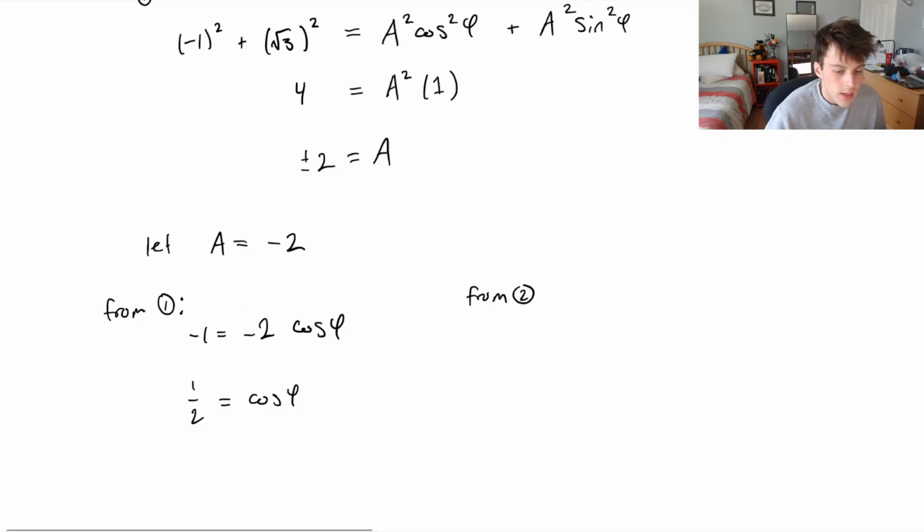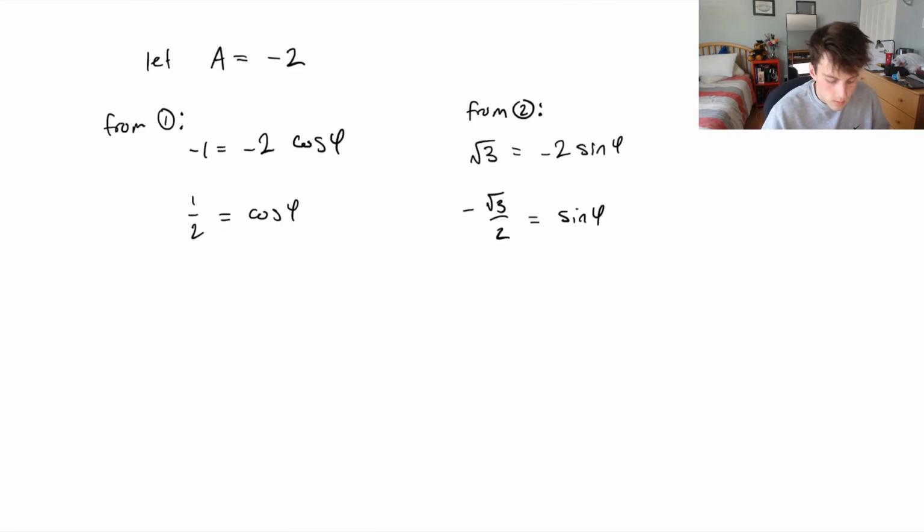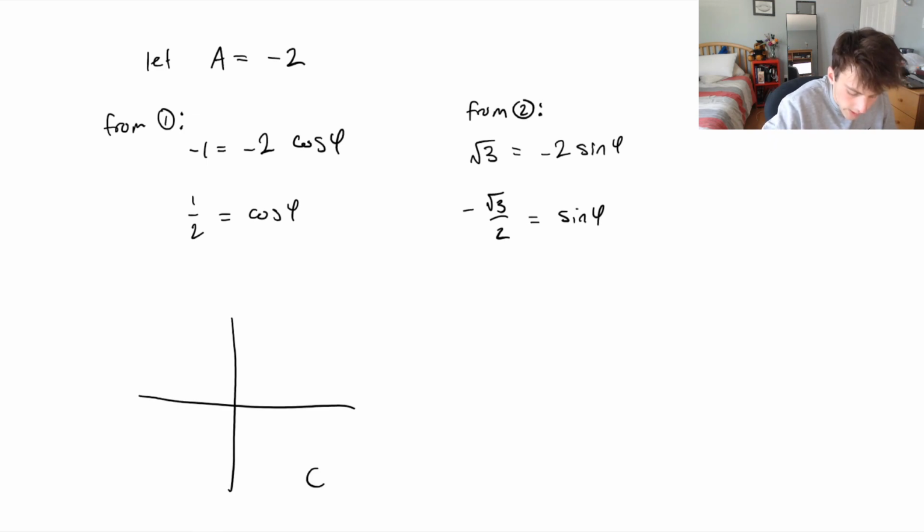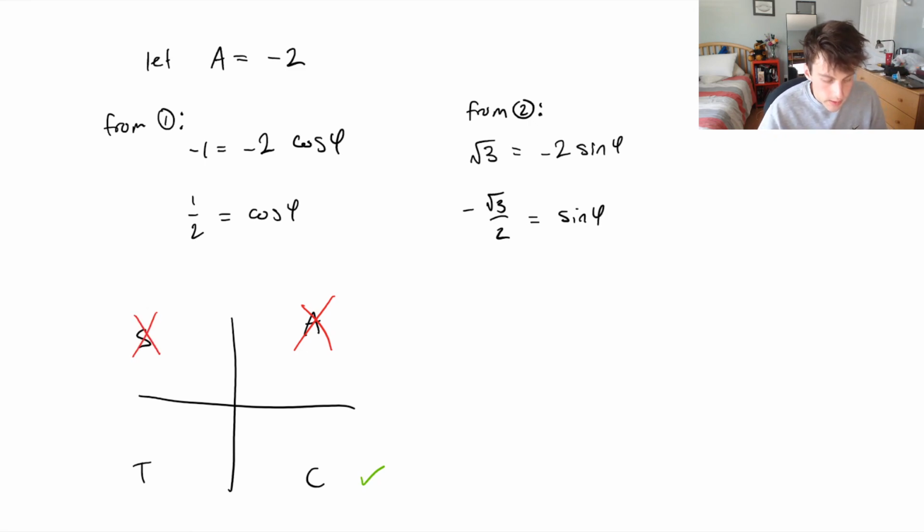So in order to solve this, we need to take a look at our CAST rule. From our CAST rule, we can immediately eliminate some of the quadrants. We know that they're not all positive because sine is negative. We know that cosine is positive, and sine is negative, so it's not going to be in this one either.